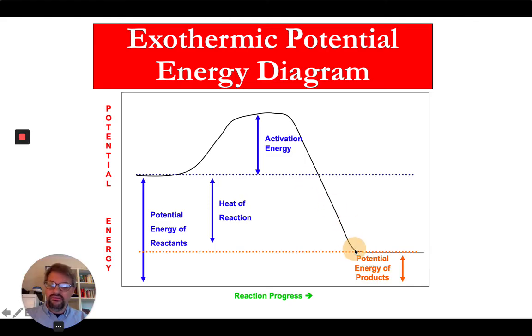And this energy is released. And then we're left with products with this much energy. So this difference is the heat released during the reaction, during an exothermic reaction, where heat is leaving the reaction. And this is the activation energy, what we need to add to get the reaction started.